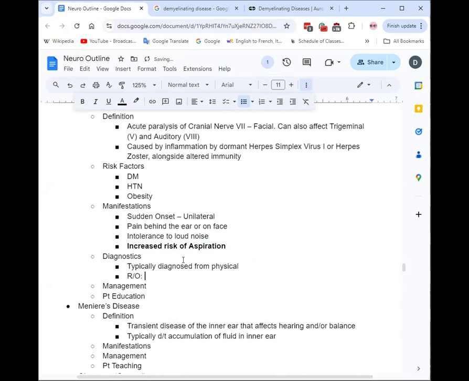Rule out stroke. You want to rule out maybe hypoglycemia. With hypoglycemia you can have these neurological symptoms, although they might not be neurologically declined, but maybe just from their face, maybe a hyponatremia or something. But the main thing they really tell you to rule out is a stroke. That's going to be your main thing.